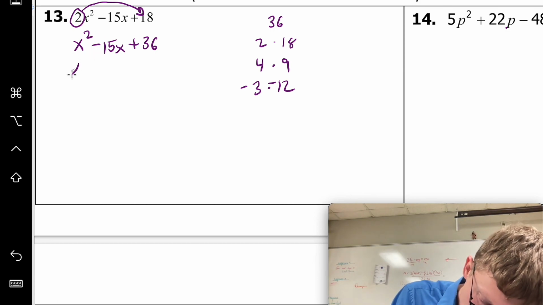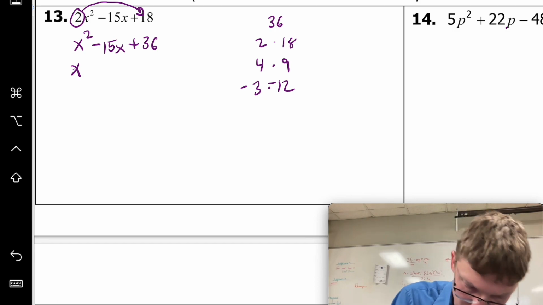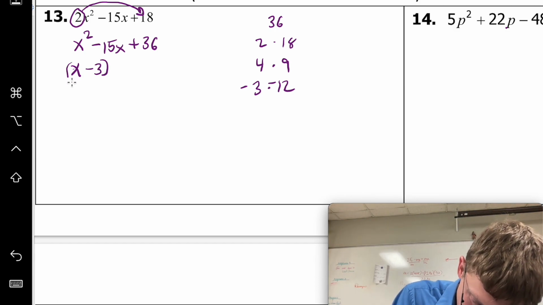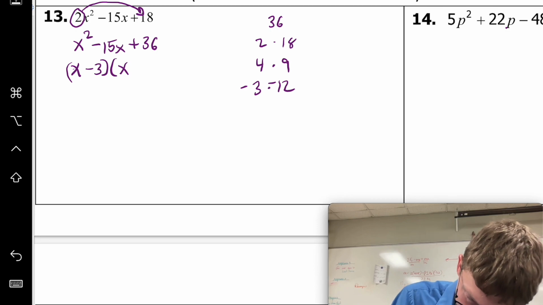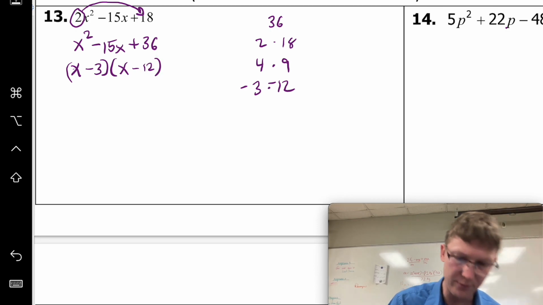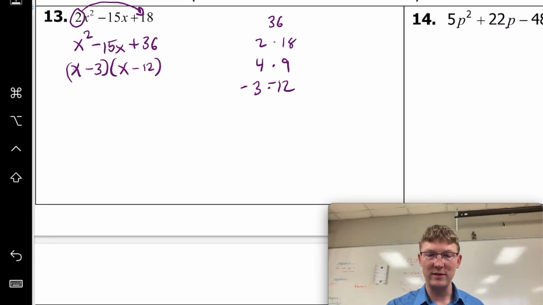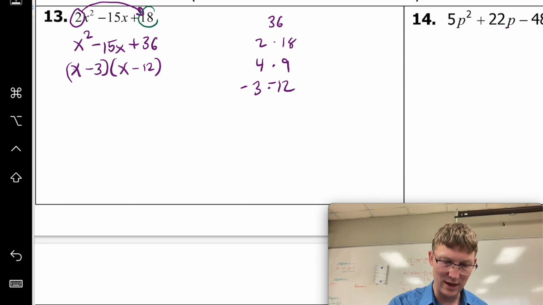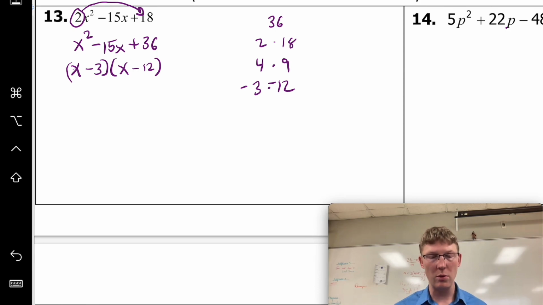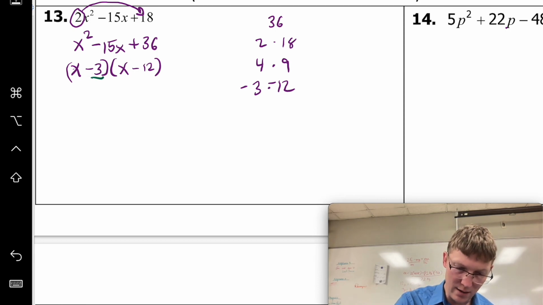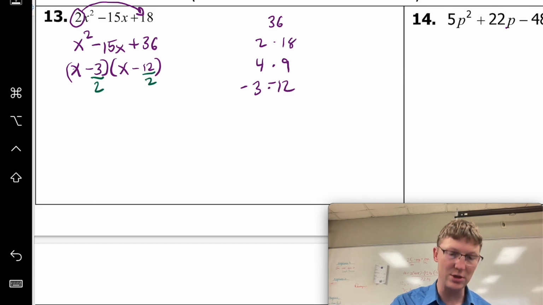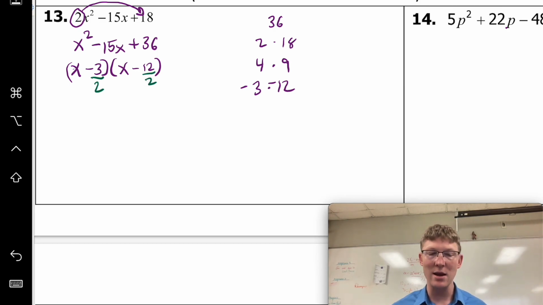So we factor this polynomial. We got x minus 3, x minus 12. But we still have to deal with this 2 that we wrapped up into this 18. So what we do is when we pull it out, we divide both second numbers by 2. We reduce if we can, and if we can't, we wrap it up into the x.